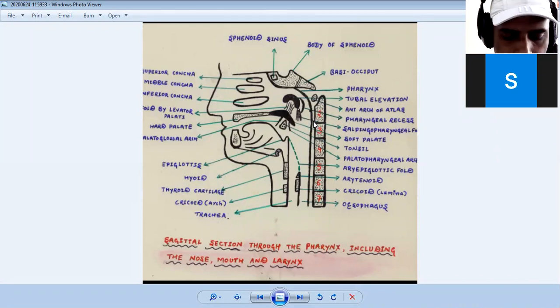Here, first of all, the boundaries of the pharynx. This is the superior boundary, and inferiorly it continues as the esophagus. This is the anterior boundary and posterior.